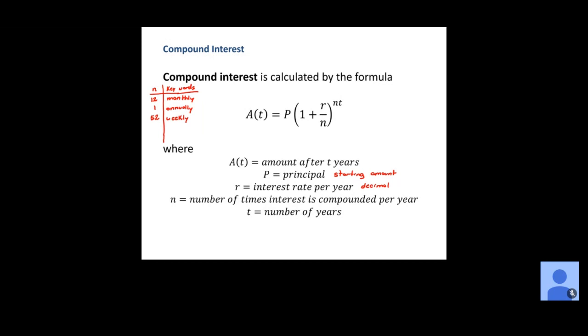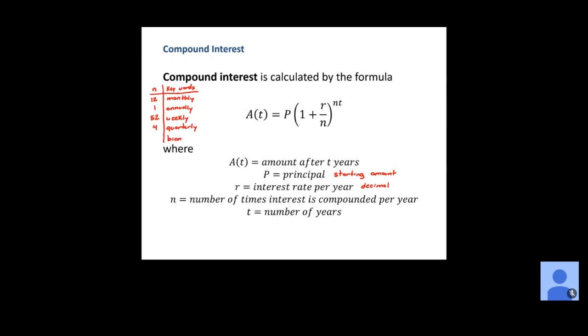Okay. Quarterly is another good one. So if we're compounding quarterly, how many times per year would that be? 4 times per year. So our n value would be 4. Any other ones that you've seen before? Okay, so biannually is one, right?